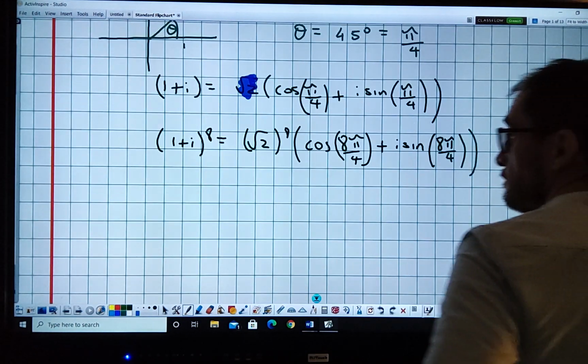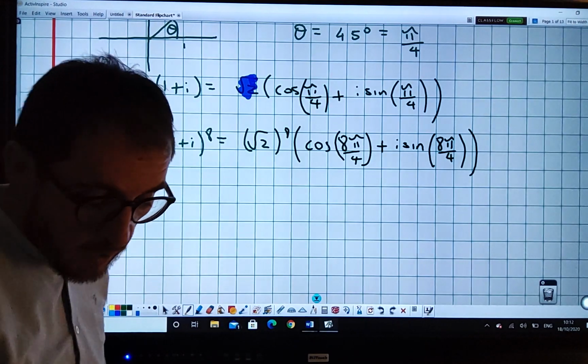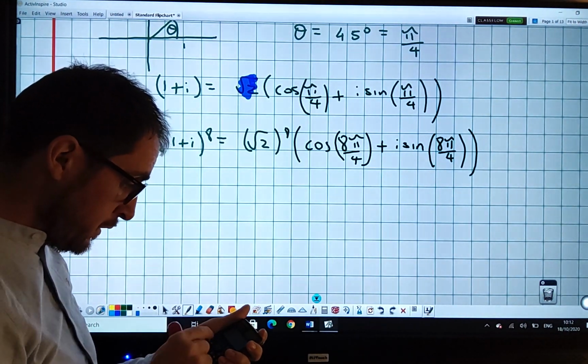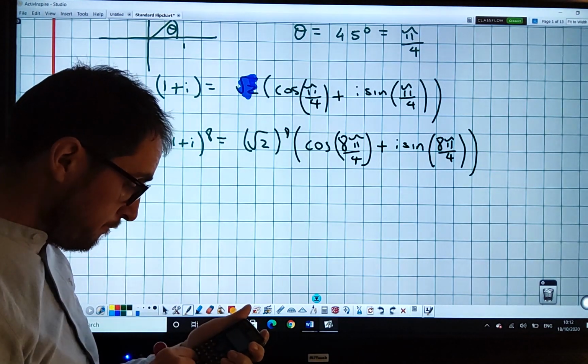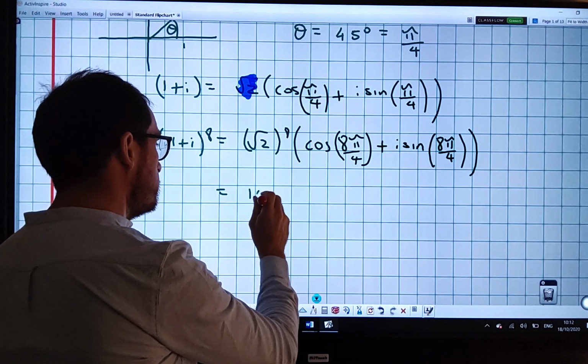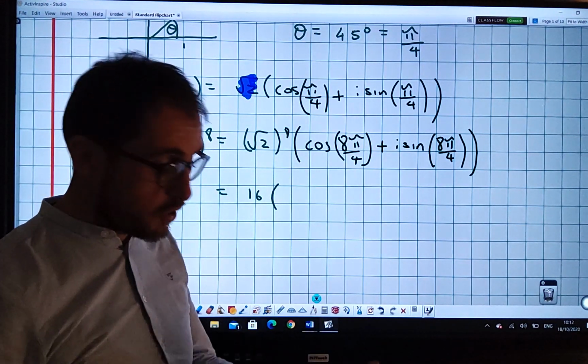You can type this into your calculator, or you can work it out, whichever you'd like to do yourself. Root 2 to the power of 8 gets me 16. Now, cos 8 pi divided by 4 is cos 2 pi.